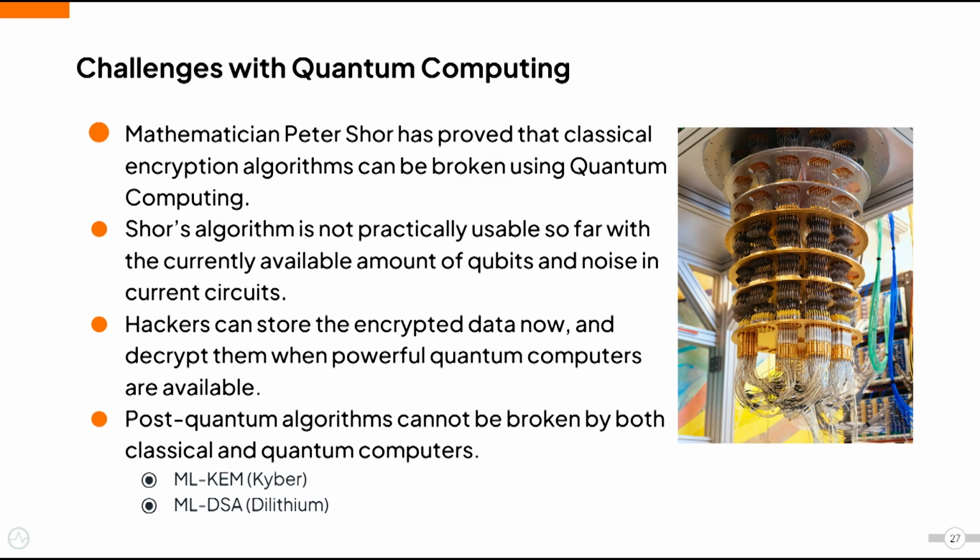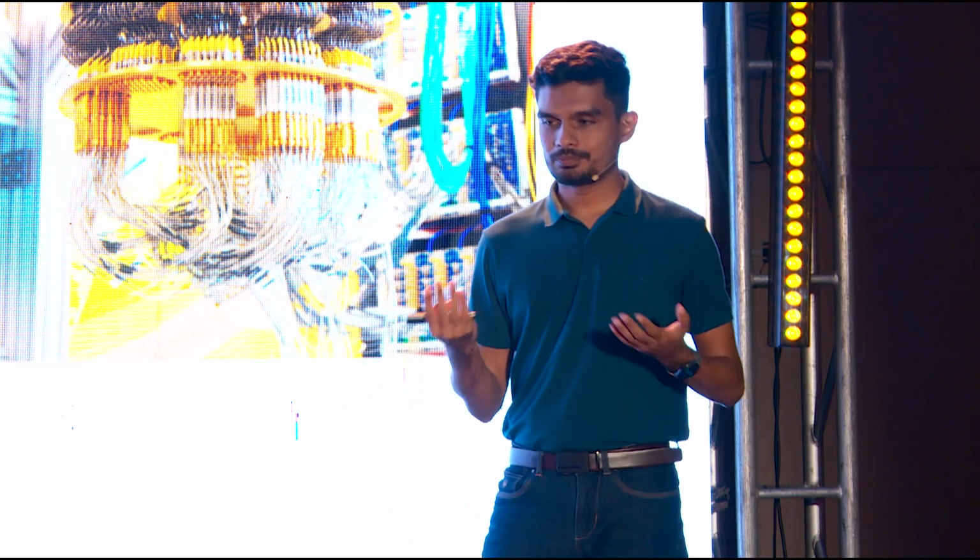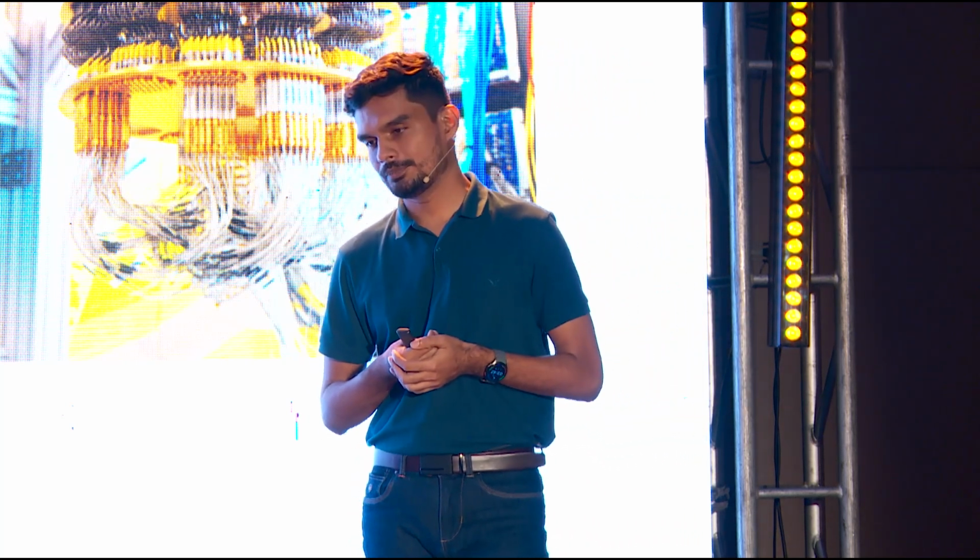But with the currently available quantum computers, this is not practically doable. The problem is that hackers can store encrypted sensitive data, and when powerful quantum computers become available, they can decrypt the encrypted messages and get this sensitive information.